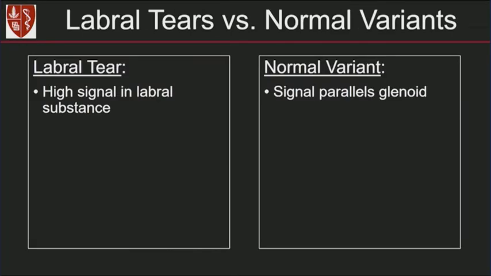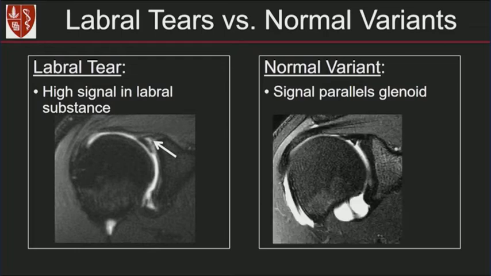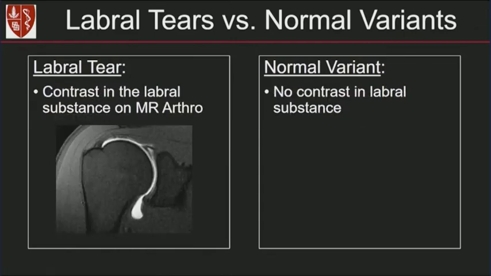So let's talk about how we distinguish labral tears from normal variants. In a labral tear, you see high signal within the labral substance. As we have here, you see abnormal high signal intensity extending into the labral substance. A normal variant, this is our sublabral sulcus. Notice the high signal parallels the glenoid, nothing in the labrum itself.